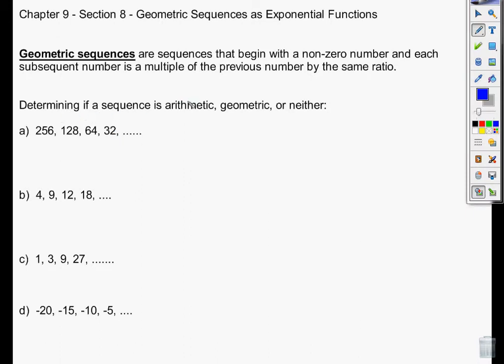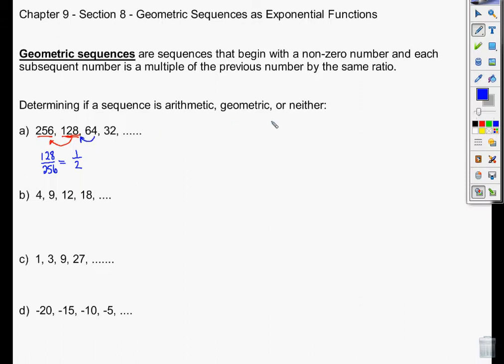So here we go. We determine if it's arithmetic, geometric, or neither. A good way to do that is we take this number here and we put it over this number here. So we're going to do 128 over 256. And then if we reduce that, we get 1/2.